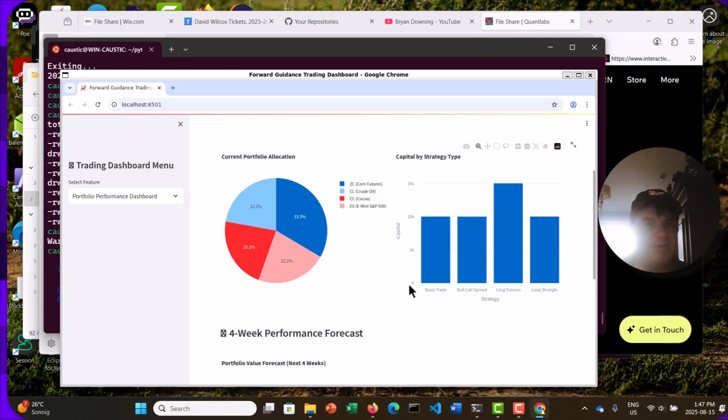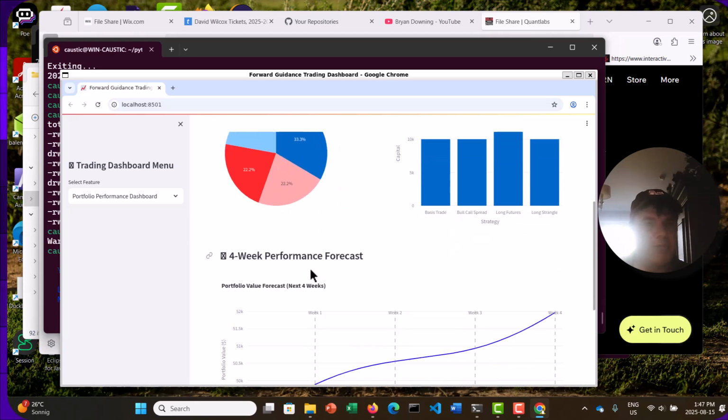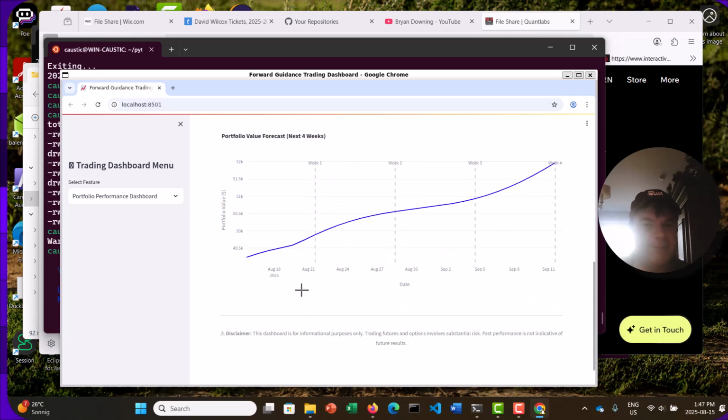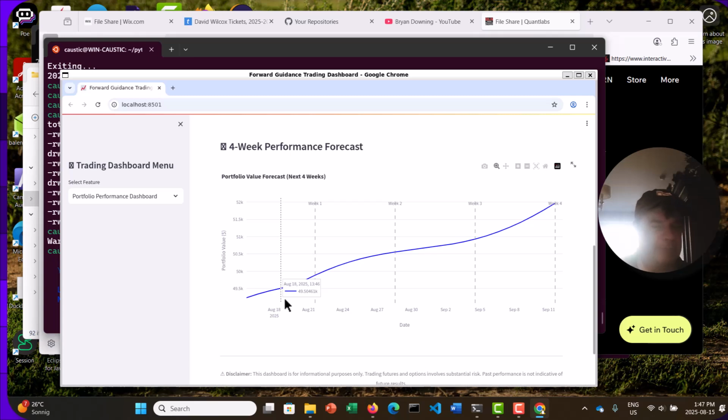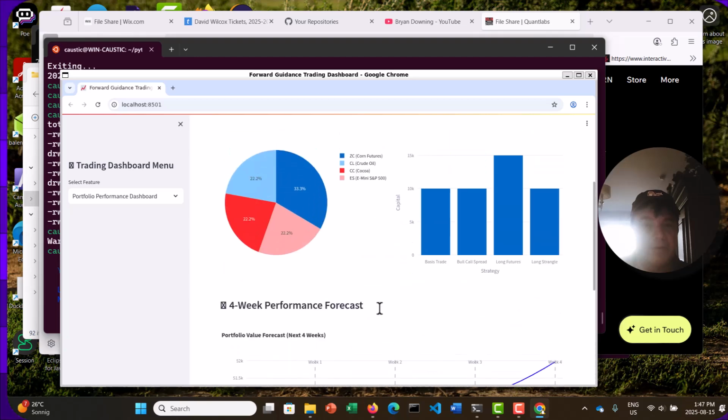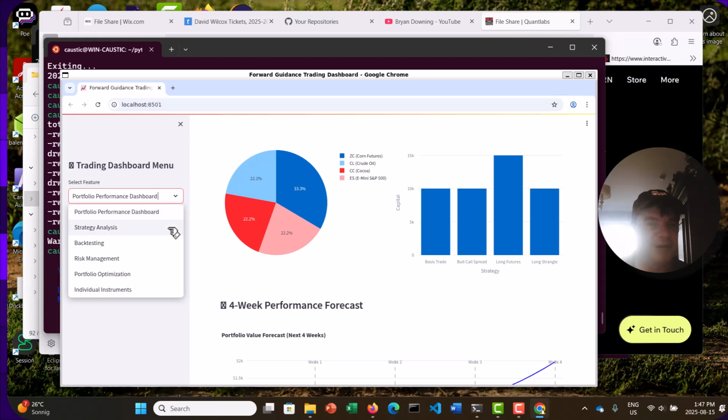And let's face it, crypto's kind of dodgy to trade because of the extreme volatility, just as options for you. So here we have a value forecast over the next 6 weeks. So we anticipate 49,000 and have 52K at the end of it. Okay. So that's the overall portfolio as is right now.